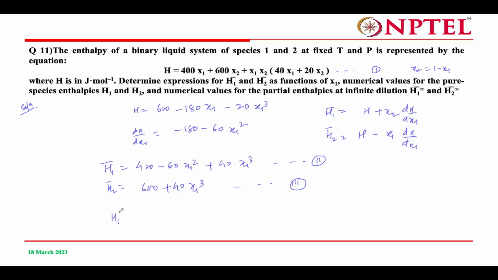So H1 infinity bar equals 420 joule per mole. For equation 3, X1 tends to 0 and X2 tends to 1. So H2 bar equals 600 plus 40, so 640.